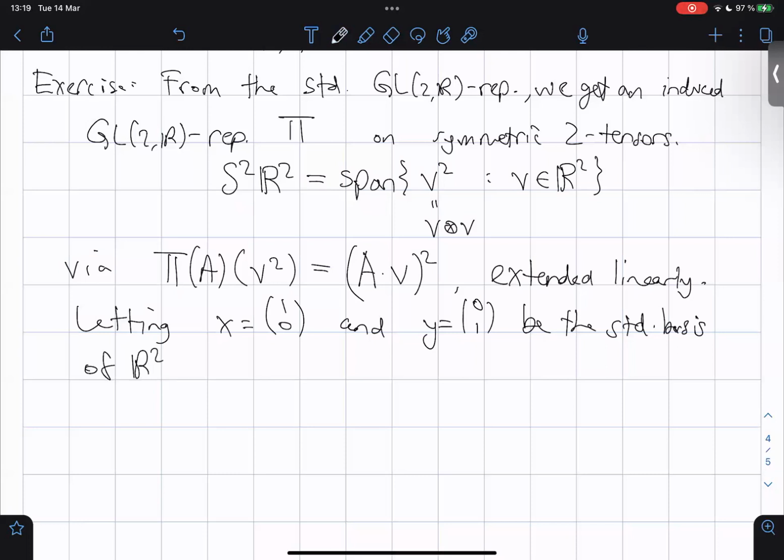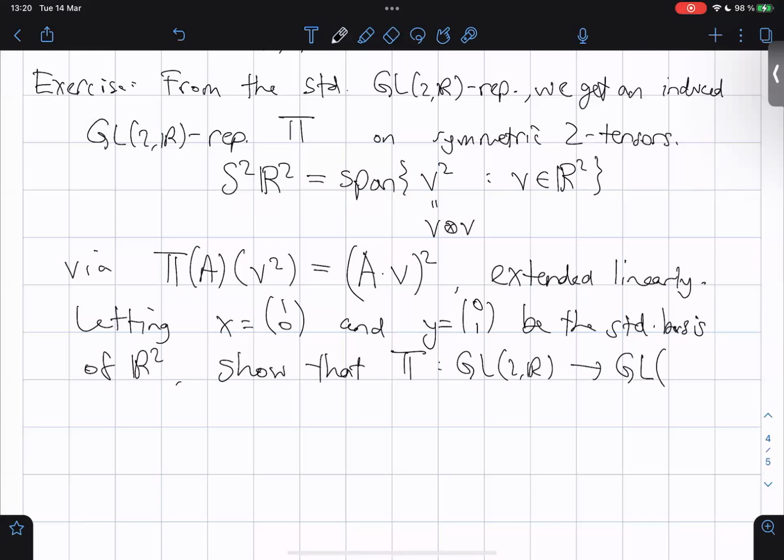Now the exercise part: show that this representation, let's get the input and output correct. It's a representation of the group GL2R on the vector space S2R2, so it has target GL of S2R2.